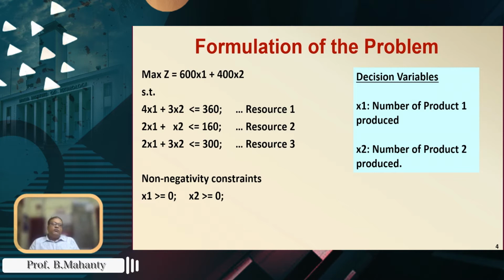And what was the profit for 1 unit of X2? It was 400. So that means the rent that we are getting, rather than making 1 unit of product 2, should be 3Y1 plus 1Y2 plus 3Y3 greater than or equal to 400.